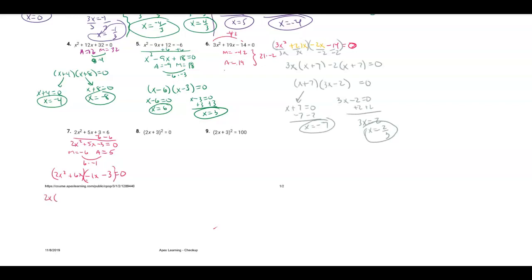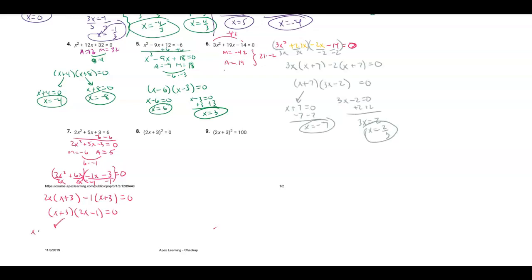GCF for the first one, 2x, and I get x plus 3. Then I'm going to divide this by negative 1. So minus 1 times x plus 3 equals 0. So this becomes x plus 3 times 2x minus 1 equals 0.